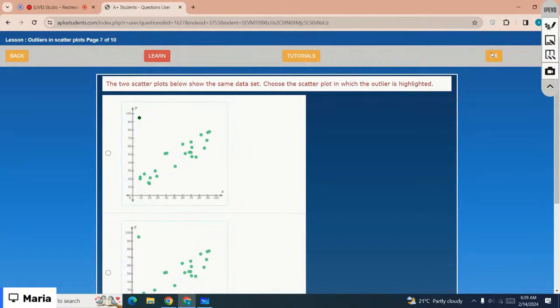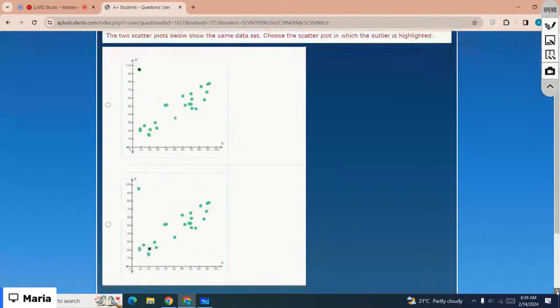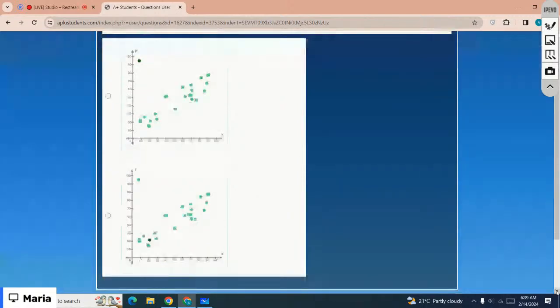The two scatter plots below show the same data set. So, which is the correct option? That is option number 1, right?